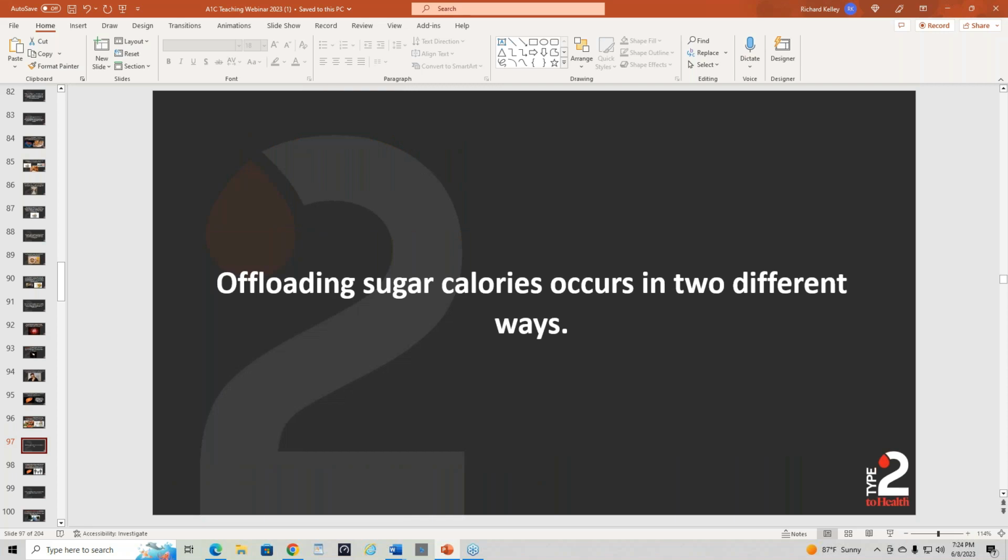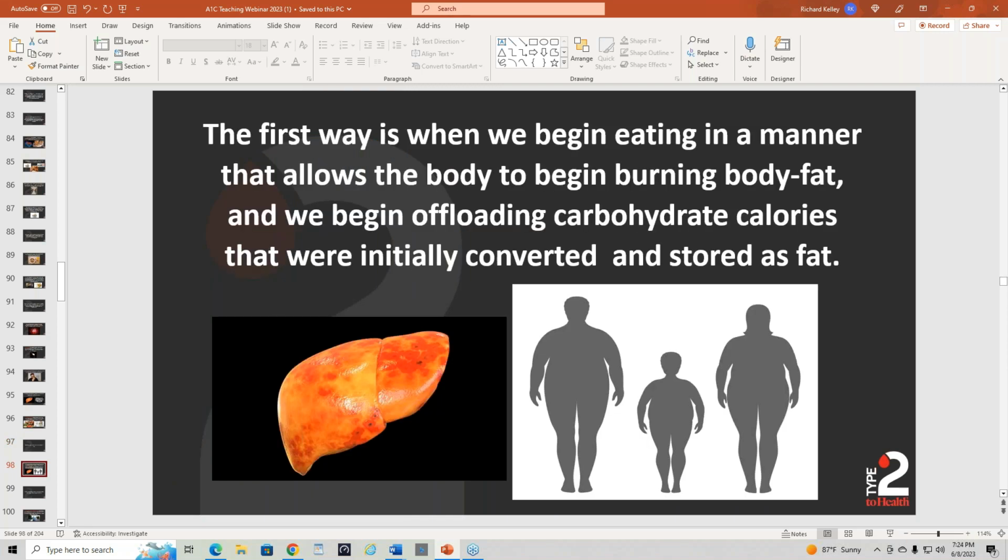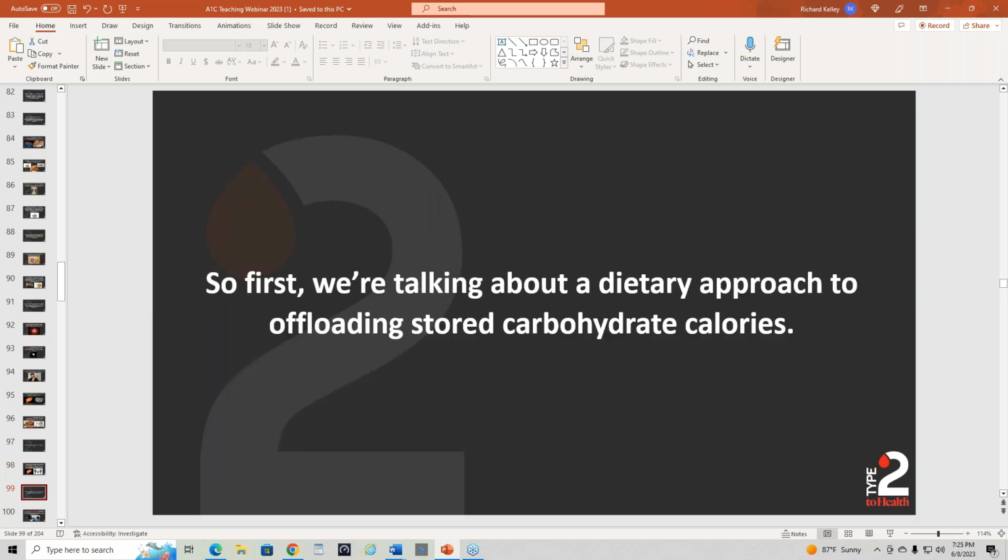So offloading sugar calories occurs in 2 different ways. The first way is when we begin eating in a manner that allows the body to begin burning body fat, and we begin offloading carbohydrate calories that were initially converted and stored as fat. So the first way, we're talking strictly about a dietary approach to offloading stored carbohydrate calories.